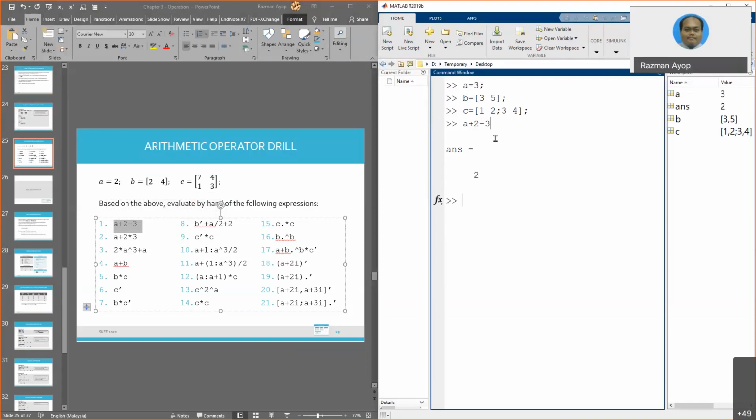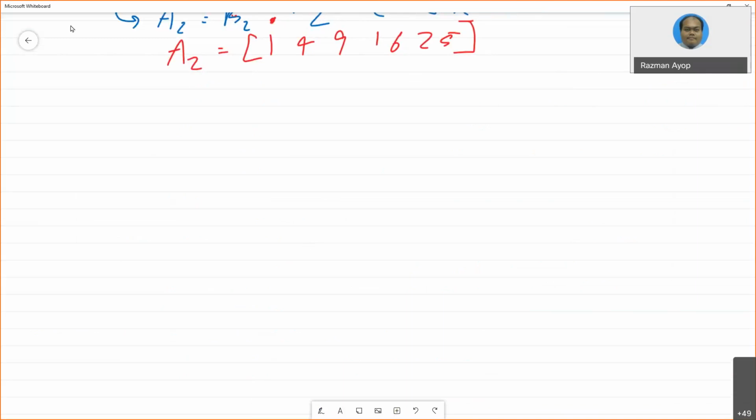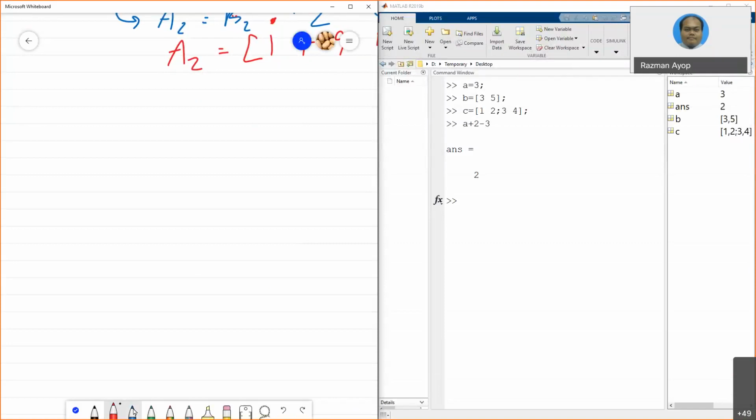Okay, the answer is 2. So A is 3 plus 2. Okay, you can see here, A is 3, plus 3, 5, minus 1, 2, 3, 4.